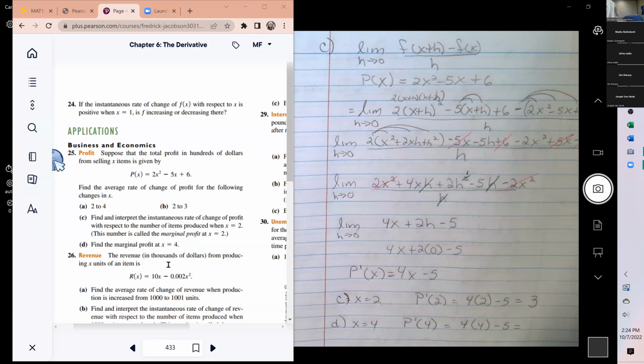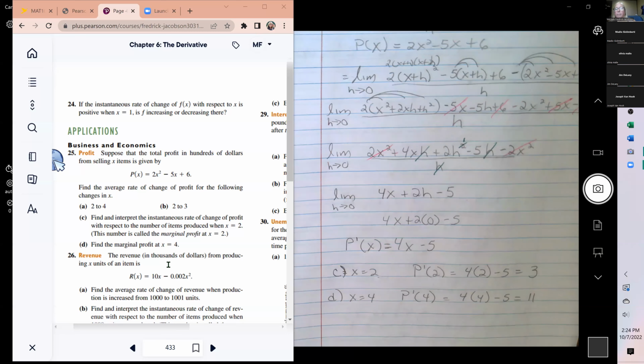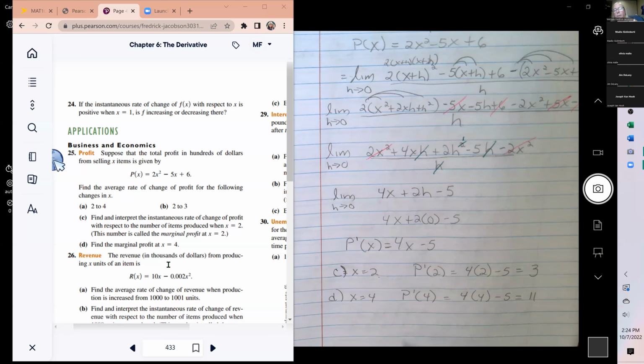For part D, this is saying when x is 4, we're increasing by $1,100. So if we're selling 4, the 5th item will bring in $1,100.